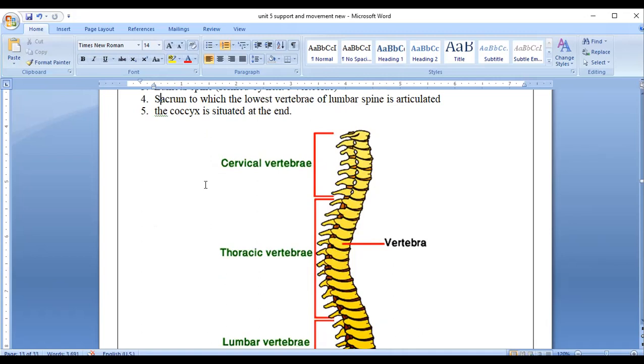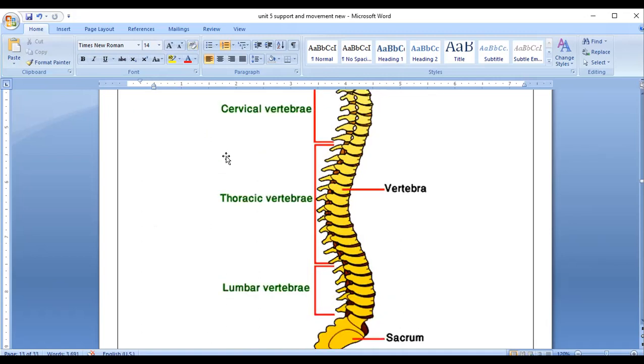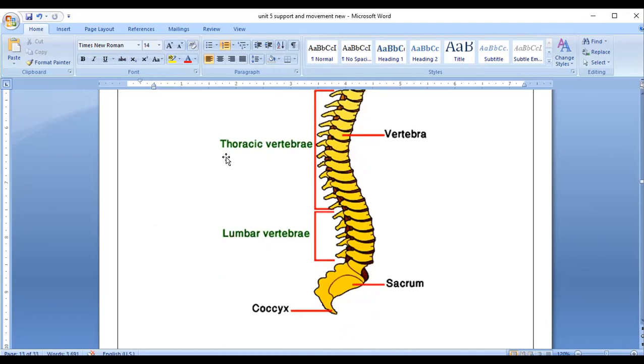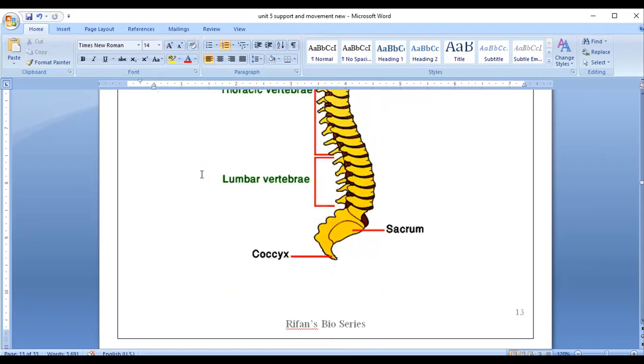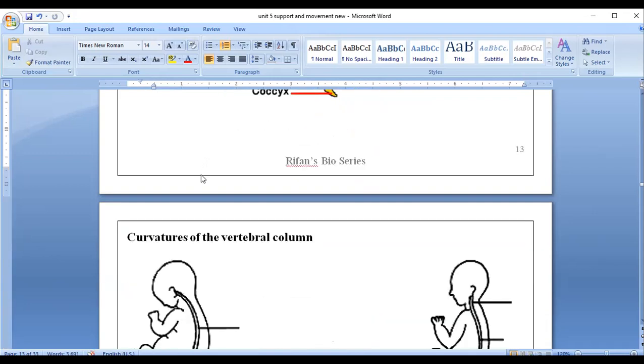In the abdominal region, above the hip, that is lumbar. Understood? Like this, we can divide it. Why do we want to divide?